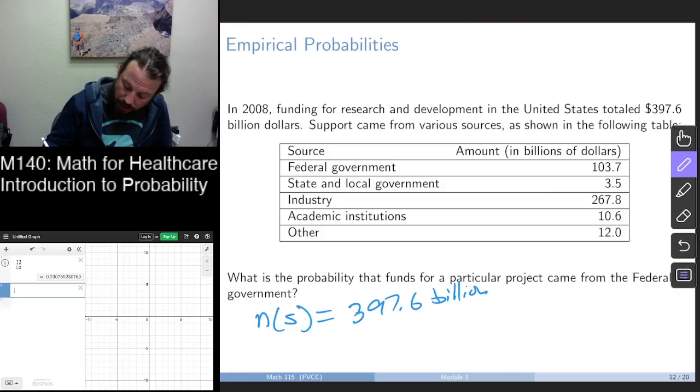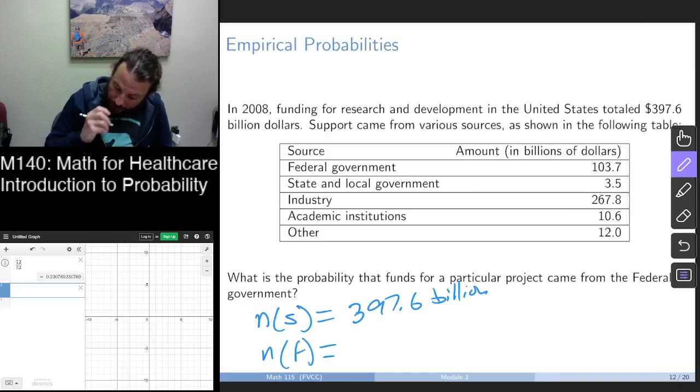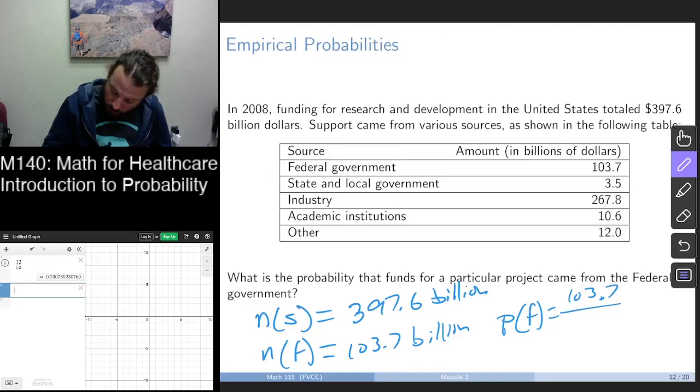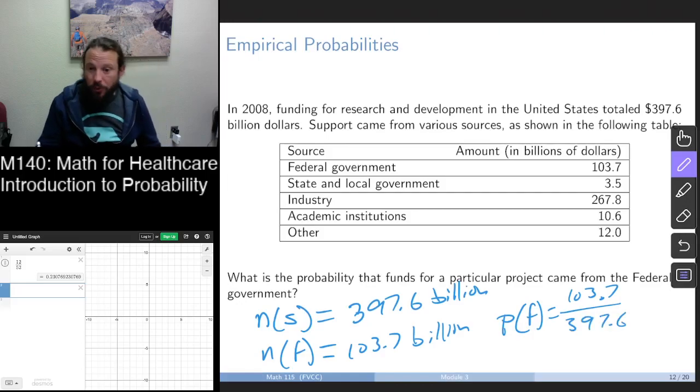And then what are we asked about? A particular fund came from the federal government. Let's call that set F. We need to know the size of F, and that is 103.7 billion. So the probability of F equals 103.7 over 397.6. Both are in billions, but those cancel out.